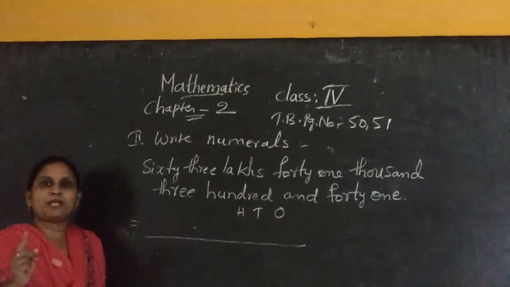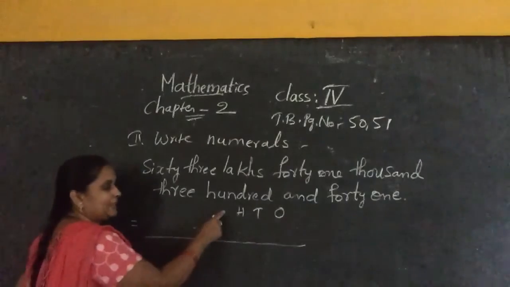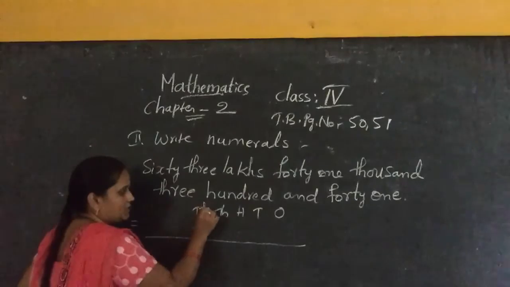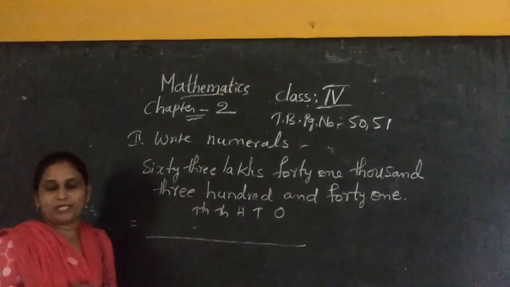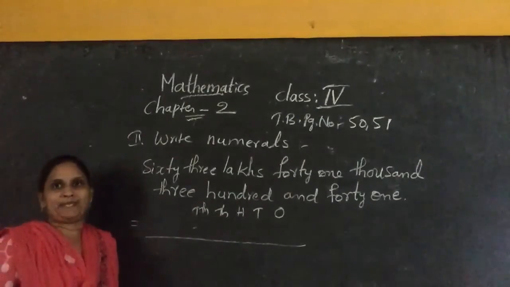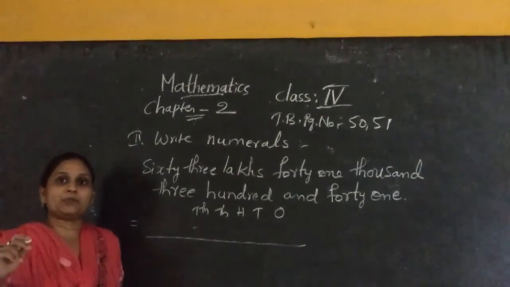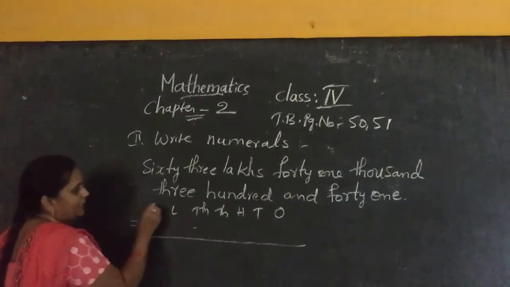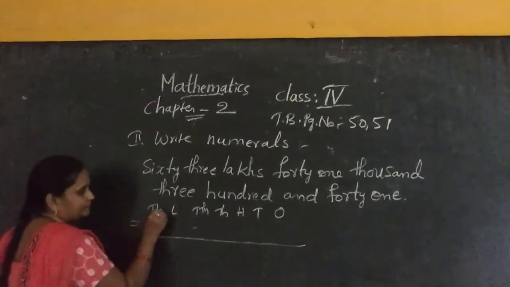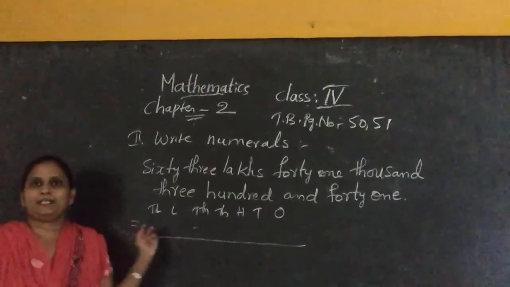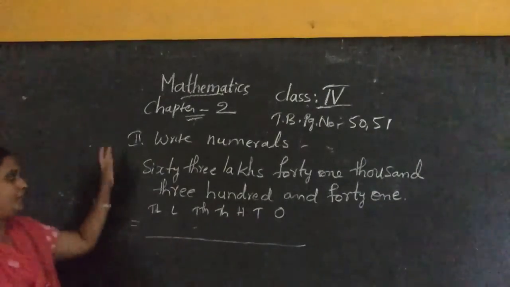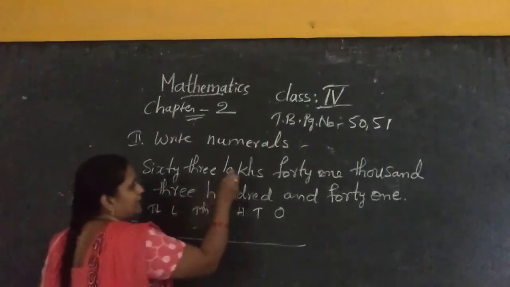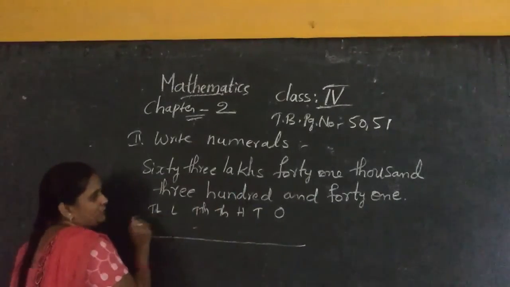In the thousands place value, two digits: 1,000 and 10,000. After thousands we get the lakhs place value, also two digits: 1 lakh and 10 lakhs. After writing the place values, from the left direction start inserting the numbers according to the place value.